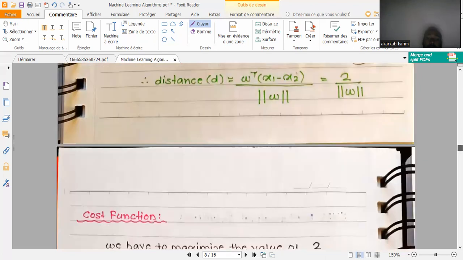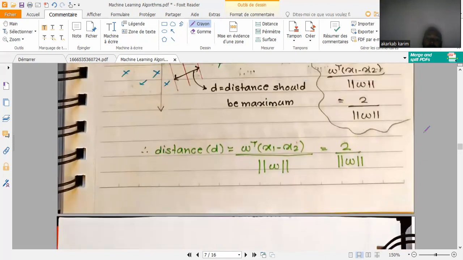After that, we need a cost function, because each algorithm works with something called a cost function. We need to find the best value, and we can do that just with a cost function.